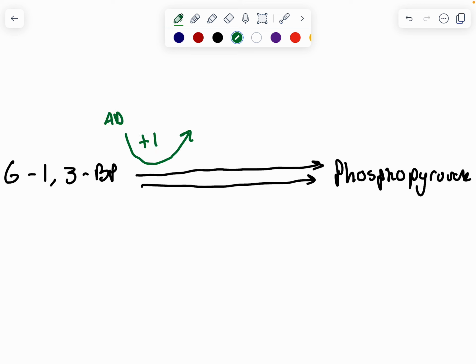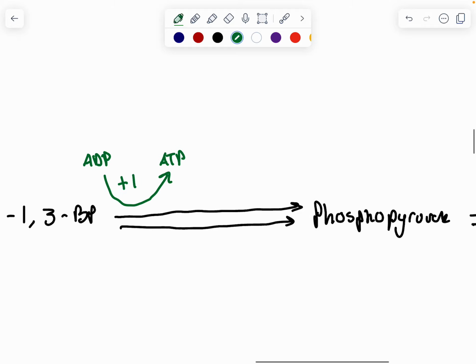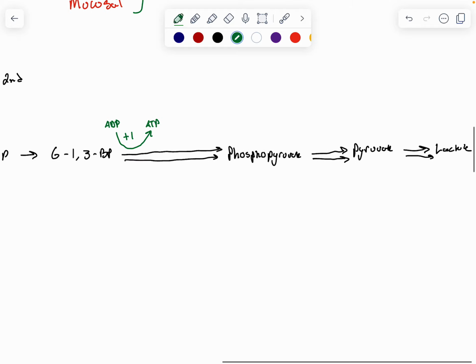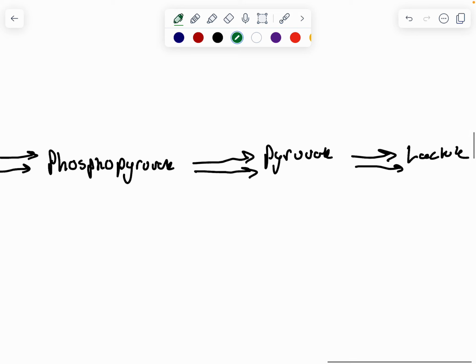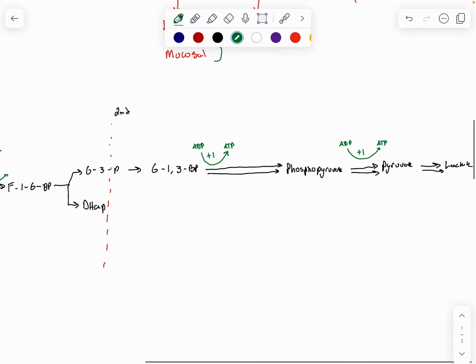We take an ADP, generate an ATP, so right now we are +1 in the second stage so far. And from phosphopyruvate, we can see we have a phospho in the name, and we go to pyruvate, which signifies we generate another ATP because we lose a phosphate. So ADP turns into ATP, and again, we generate another ATP.